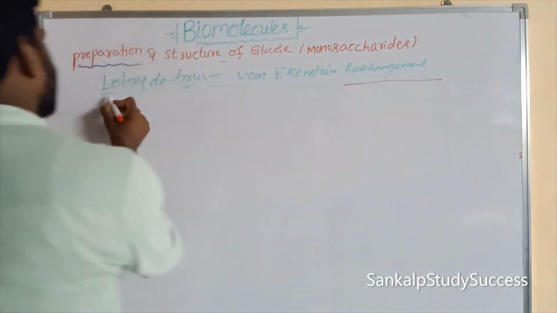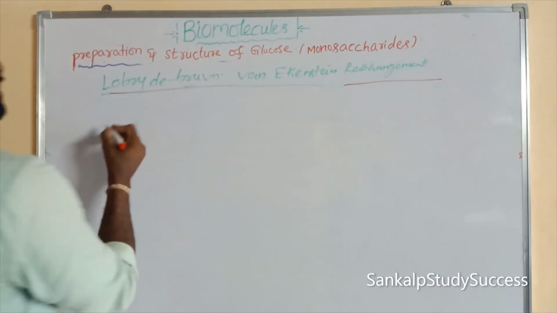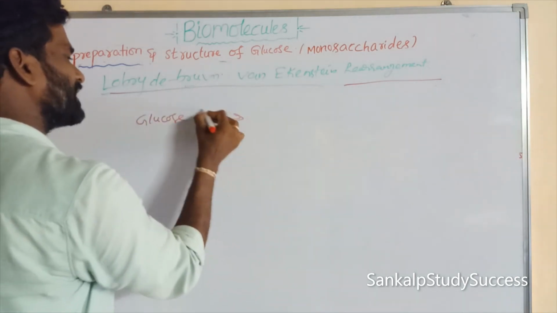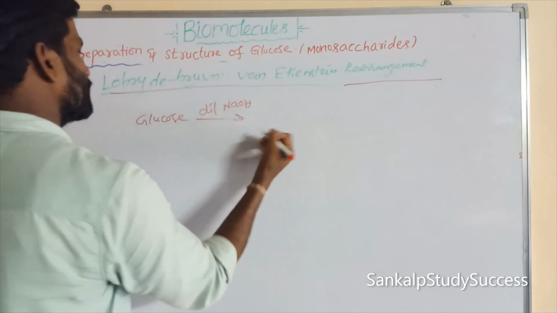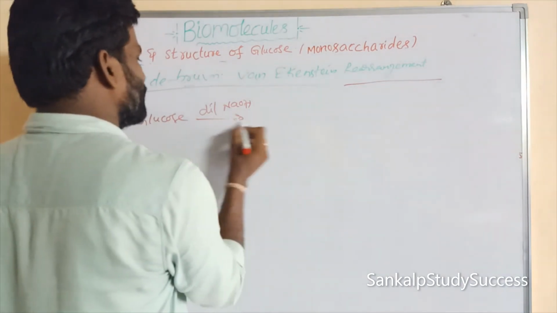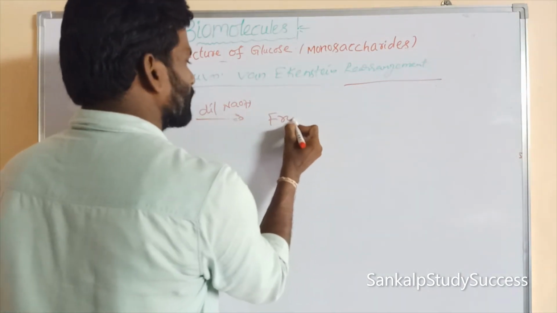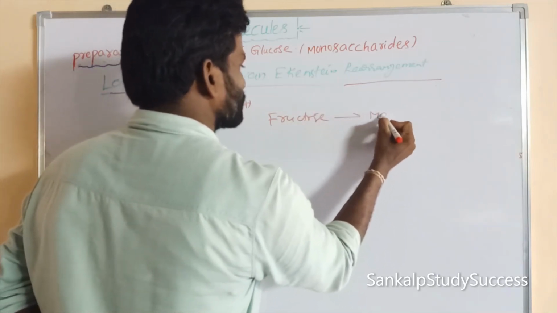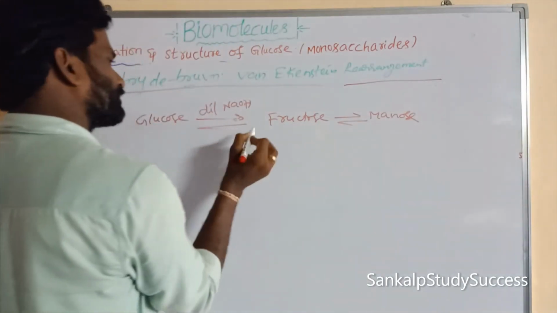So when glucose is reacted with dilute NaOH, that gives an equilibrium mixture of fructose and mannose, all these two are in equilibrium.